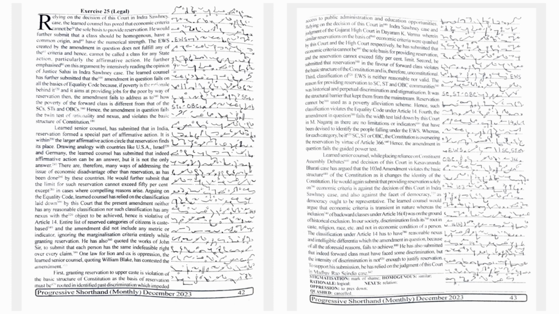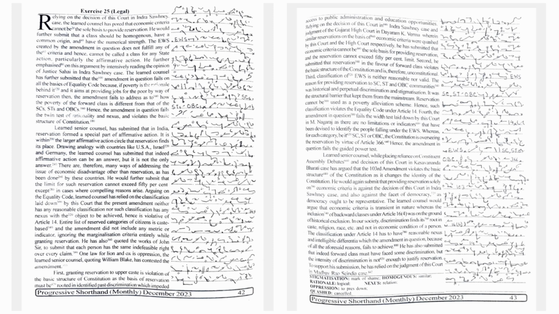Relying on the decision of this court in Indra Sawhney case and the judgment of the Gujarat High Court in Dayaram K. Verma, wherein similar reservations on the basis of economic criteria were quashed by this court and the High Court respectively, he has submitted that economic criteria cannot be the sole basis for providing reservation and the reservation cannot exceed the 50% limit.